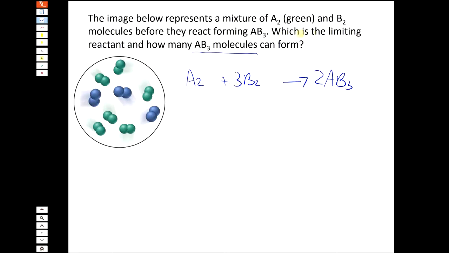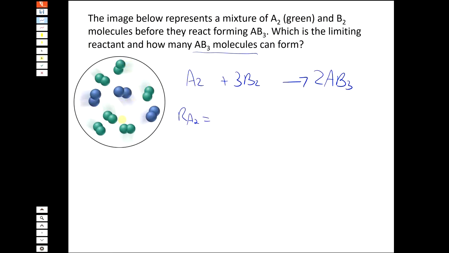Now we're asking which is the limiting reactant and how many AB3 molecules can form. To find the limiting reactant, we need to find the stoichiometric ratio for each of them. For A2, we're going to find how many molecules of A2 there are, which again is related to how many moles there are, and we're going to divide that by the coefficient.